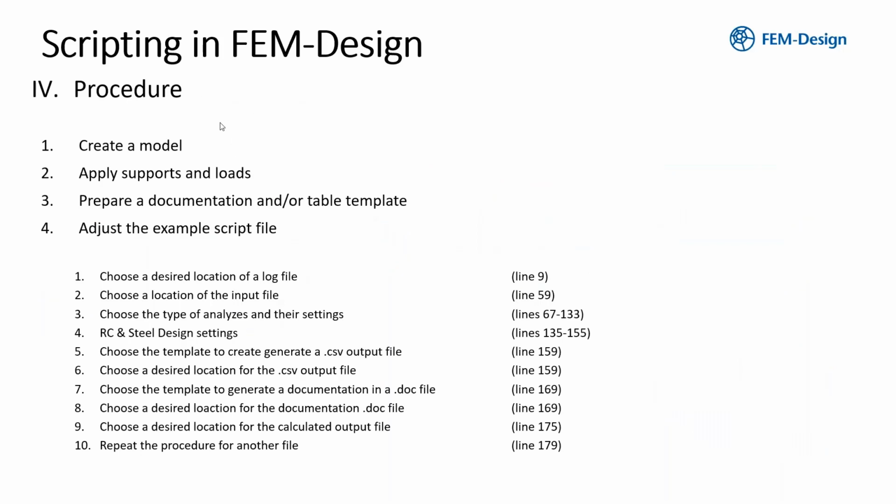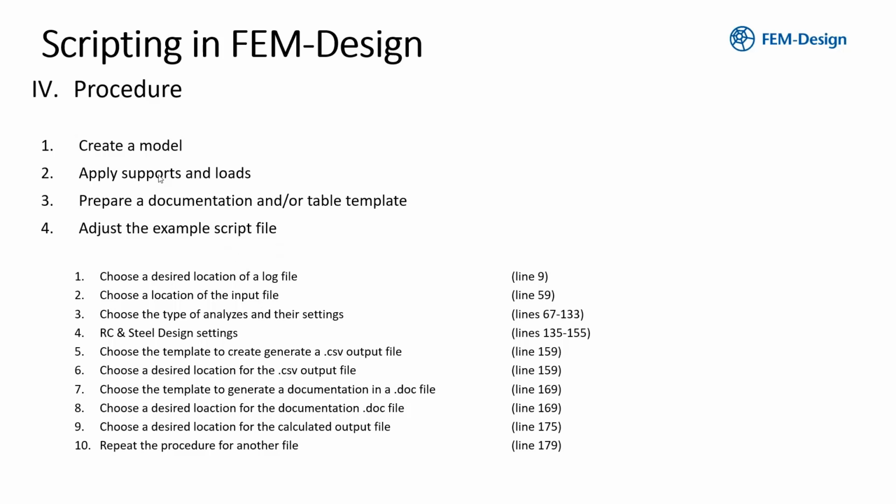So finally, here you can see a simple procedure. I don't know if all of you are familiar and have a strong background with FEM-Design, so for those of you who have, it might be too detailed, but I think some of you might find it useful.